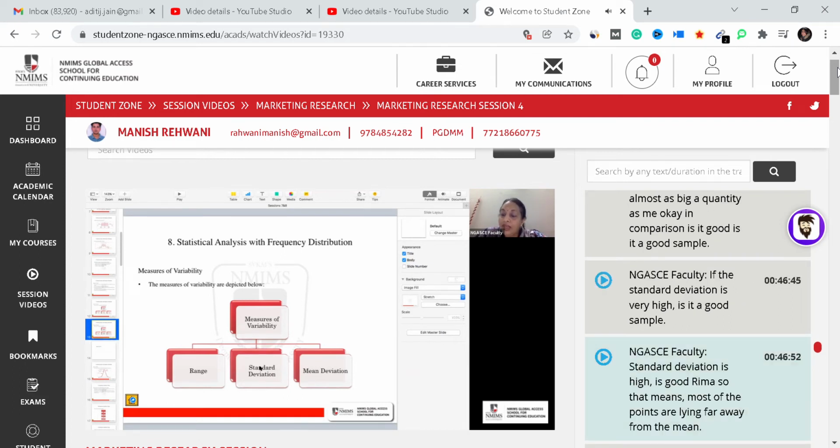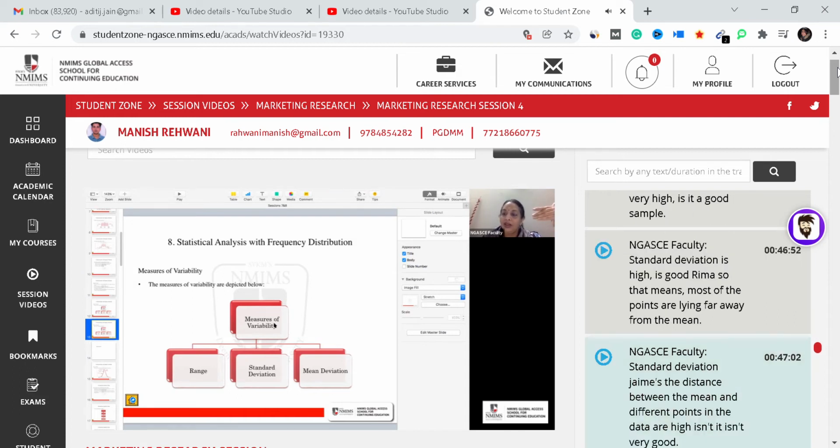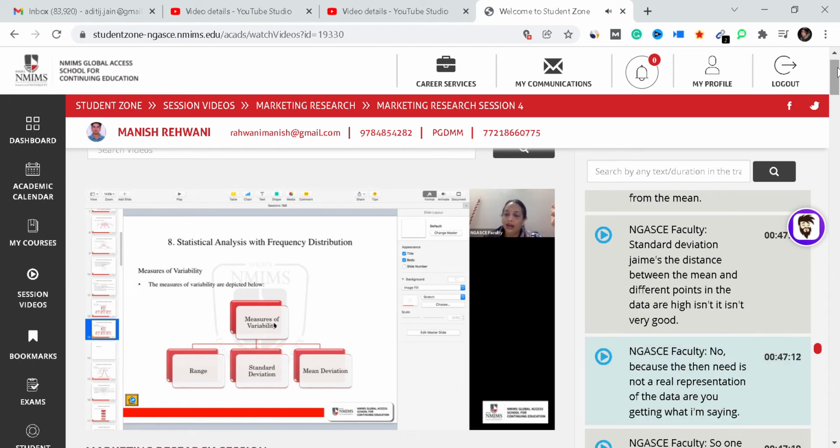Standard deviation is high, is it good, Rima? That means most of the points are lying far away from the mean. Standard deviation is high means the distance between the mean and different points in the data are high. Is it very good? No, because then the mean is not a real representation of the data. Are you getting what I'm saying?